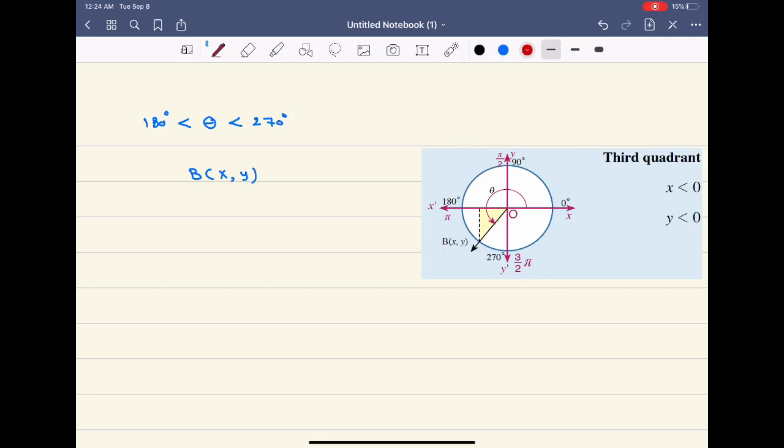Since x is negative, therefore cosine theta is negative, and since y is negative, therefore sine theta is negative.